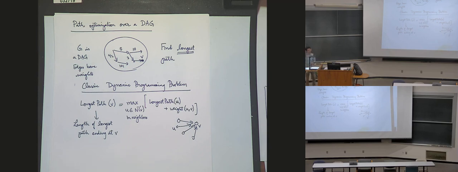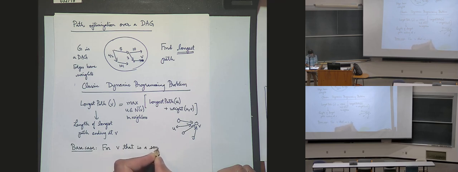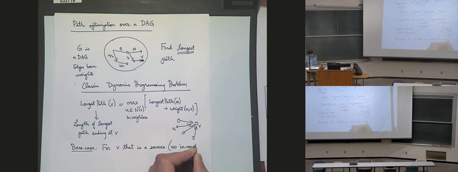If you have no in neighbors, that is called a source. So the base case is for V that is a source, which means it has no in neighbors, longest path of V is 0.